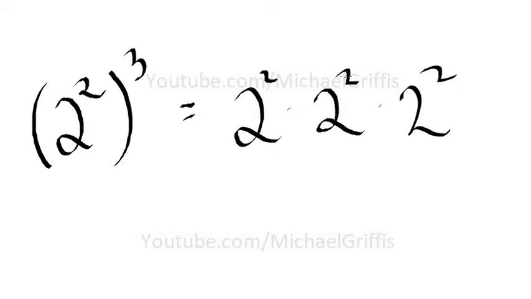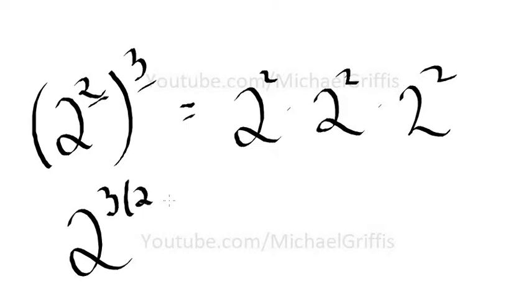You would just add them. 2 plus 2 plus 2, which is 6. But in short, instead of doing that, you multiply these two numbers together. So that would be 3 times 2, which becomes 2 to the 6th power, which is 64. We're not really too concerned about that.